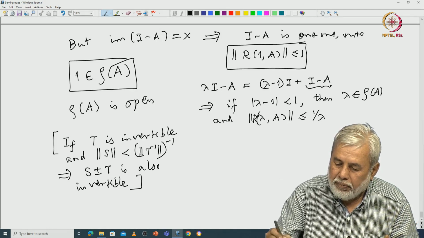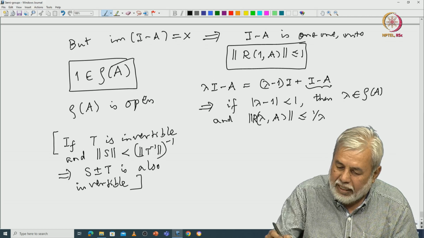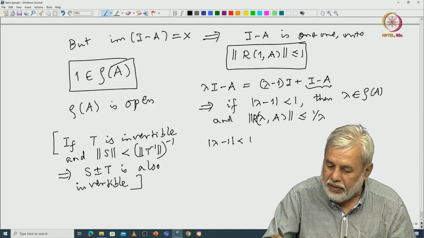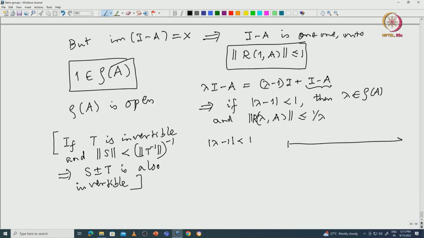You just take the positive lambda here. So 1 is sitting here, and now you go up to 2, repeat this process, and conclude that every positive lambda is in rho(A), and R(lambda, A) is less than 1 by lambda.